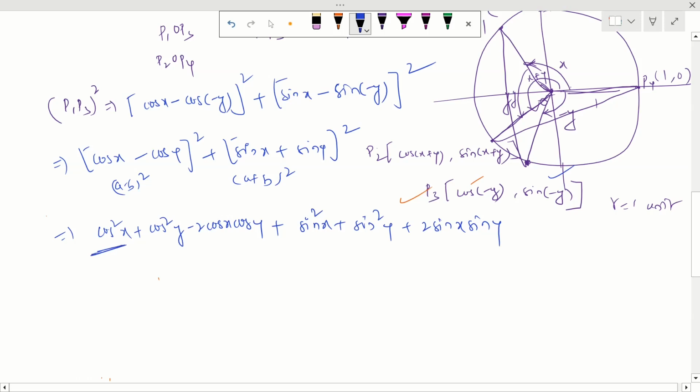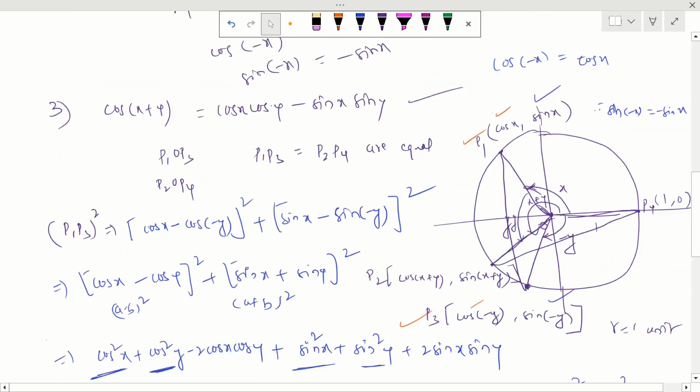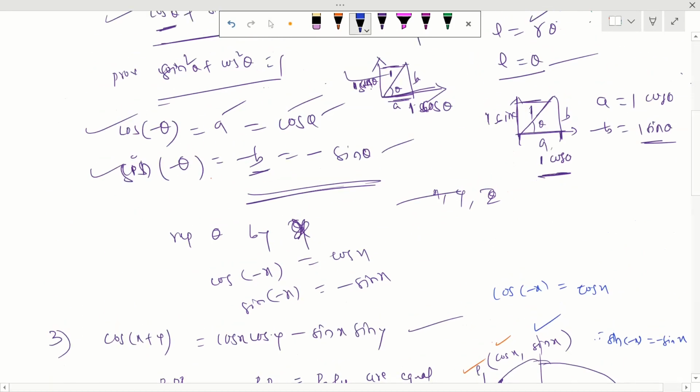Now cos square x plus sin square x is 1, and cos square y plus sin square y is 1, so 1 plus 1 we got. Because we know sine square theta plus cos square theta is equal to 1 from the previous derivation.